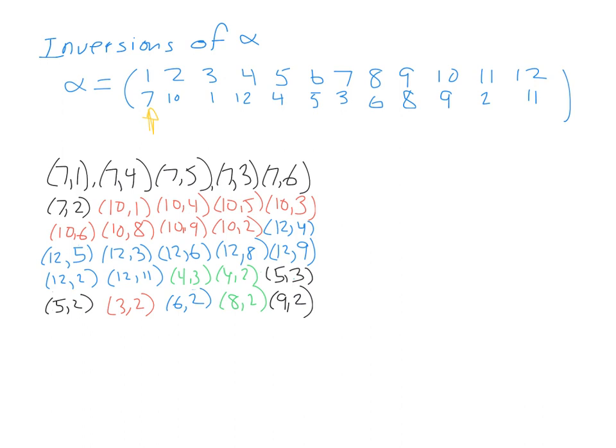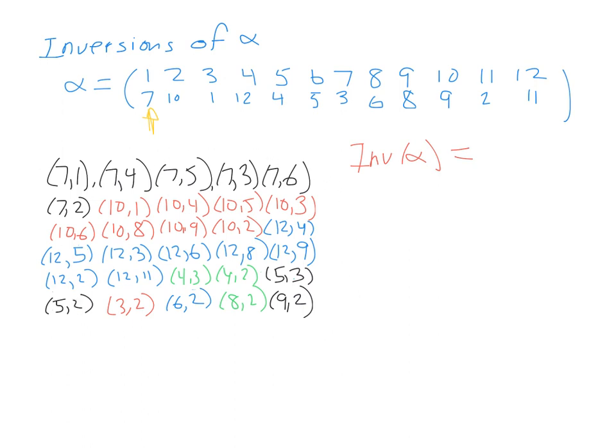Well, of course, the thing that we really want to do is find the inversion number of alpha, and the inversion number of alpha is nothing more than the total number of all of these.